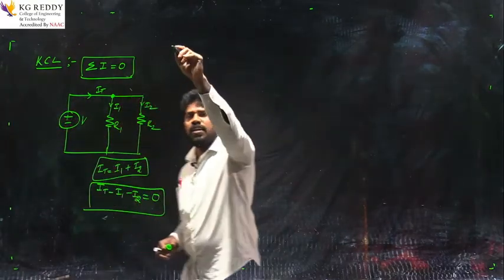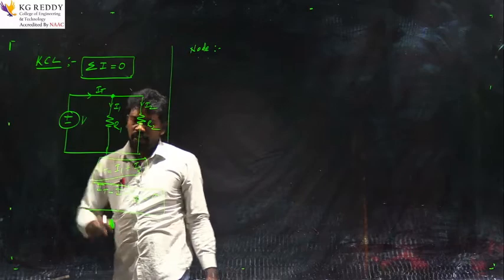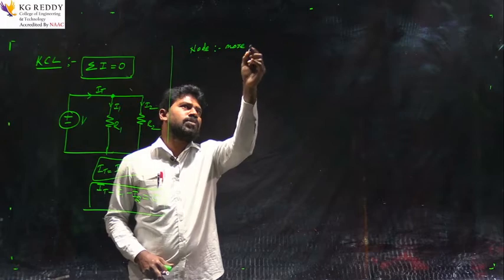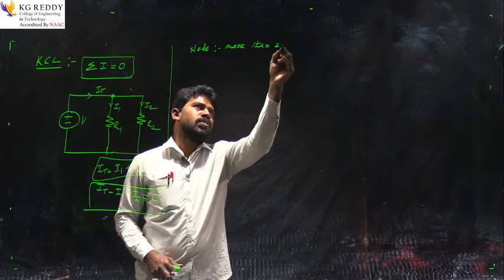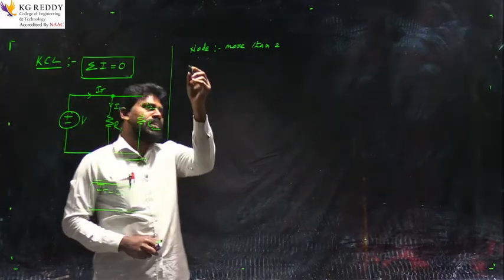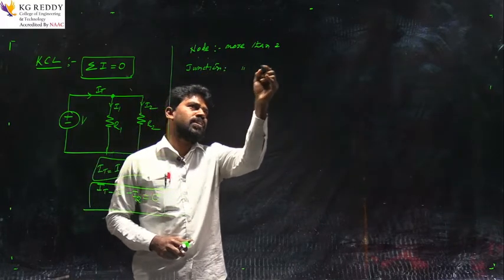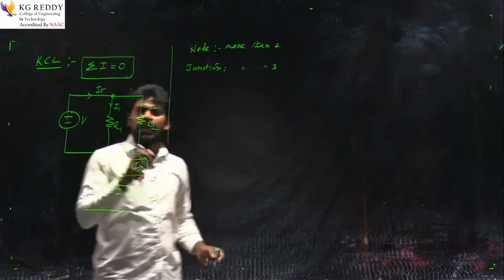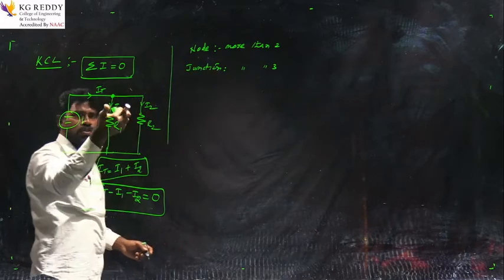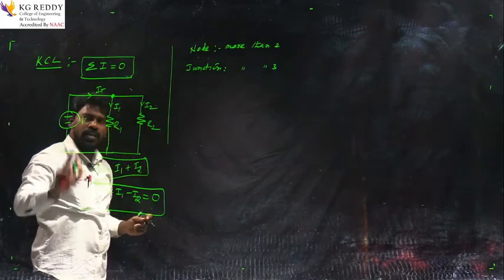Where more than two elements are connected together, that is called a node. A junction is where more than three elements are connected together. So, this is the Kirchhoff current law.